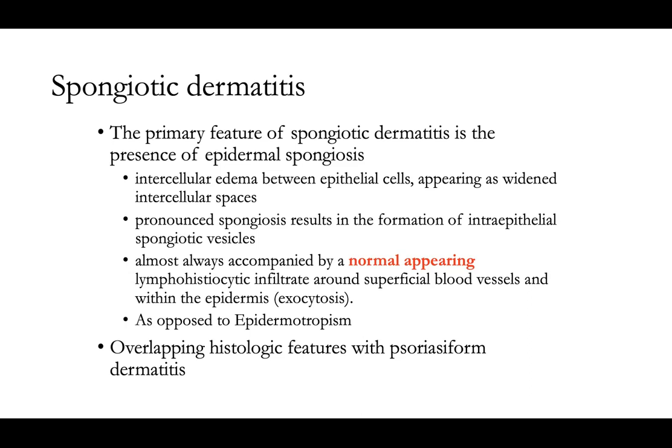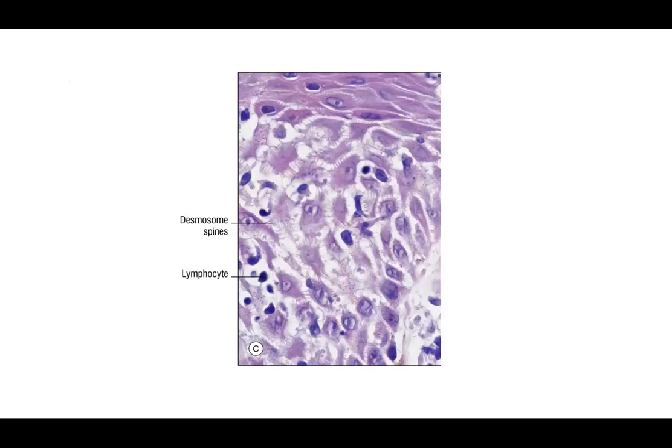And there are some helpful clues, but sometimes we have to describe exactly what we're seeing. And then if we don't have enough clinical information, we're going to have to rely on the clinician to put it together. But there's no harm in describing exactly what you see and then putting what your favorite diagnosis is or what you prefer in the comment.